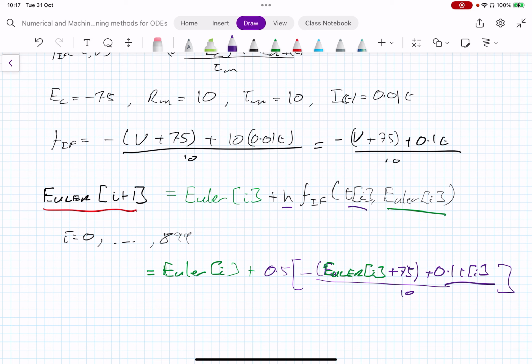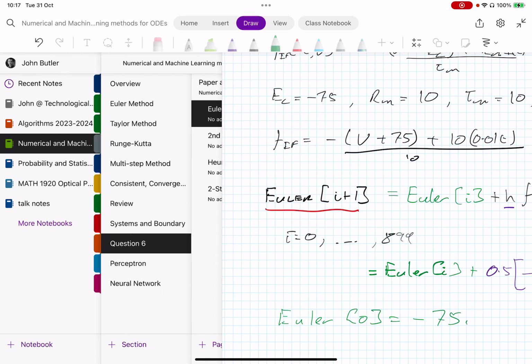And that there is our Euler method. Very straightforward. It works quite well. And of course, I didn't state, to emphasize, our initial condition is Euler_0 is equal to minus 75.